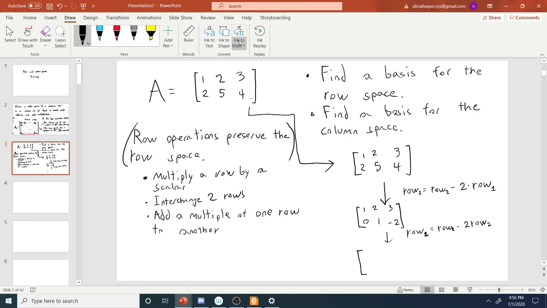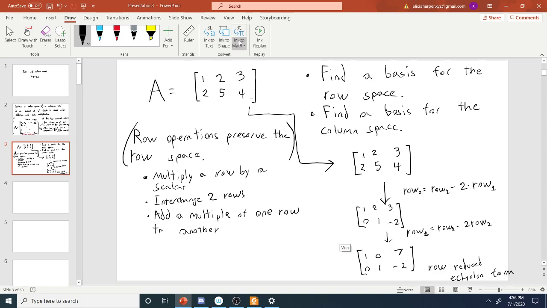If I do this, I'm going to get 1, 0. Down here I'll have a 0, 1, a negative 2, and now I'm subtracting 2 times negative 2 from 3, and so I'll get 7 here. And this is in row reduced echelon form.